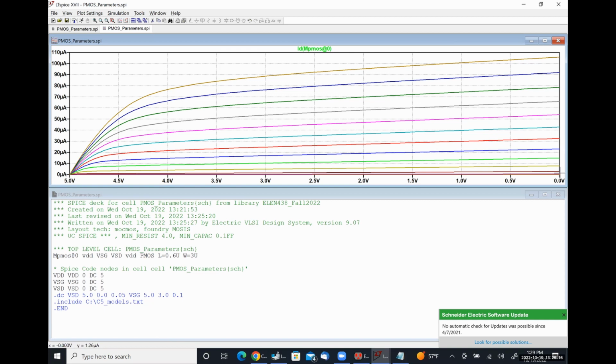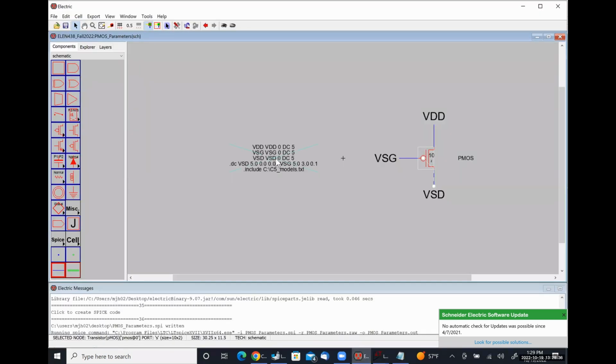So it looks like it's somewhere in the ballpark of an absolute value of 0.5 to 1.5. This is PMOS, which hurts my brain to think about because we have to do everything backwards.